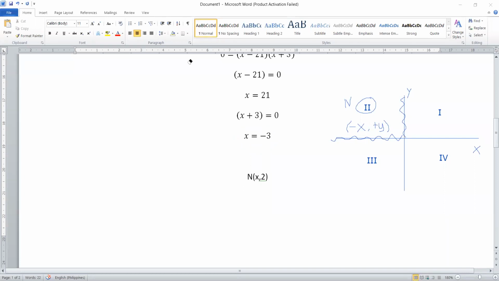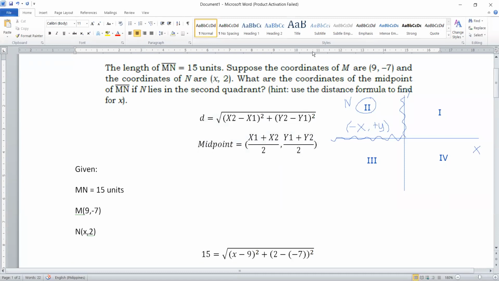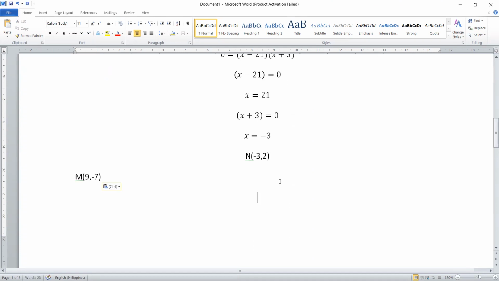So your N coordinates are (-3, 2). But that's not the answer because it's asking for the coordinates of the midpoint of MN. So you have here M, and you already have N.